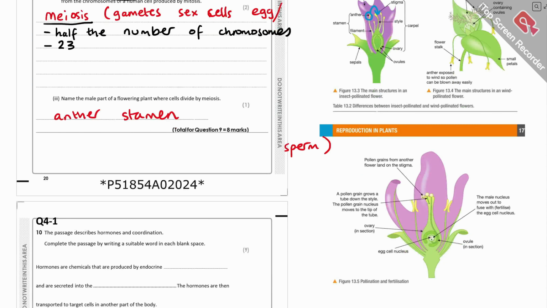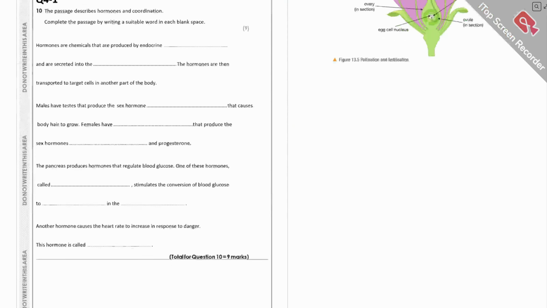So the pollen is produced on the anther and it lands on the stigma and then works its way down. Right, okay, let's move on.